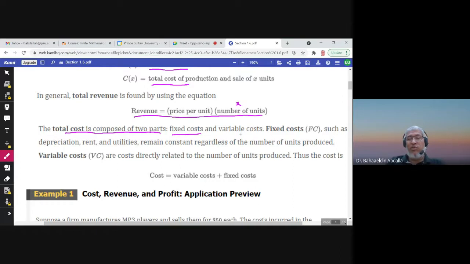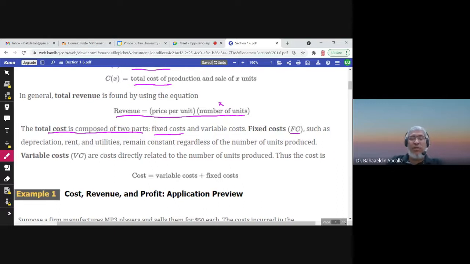Fixed cost, we will call it FC, such as depreciation, rent, utilities. Fixed costs are a fixed amount. They don't depend on the production, the number of units. It's just a number.